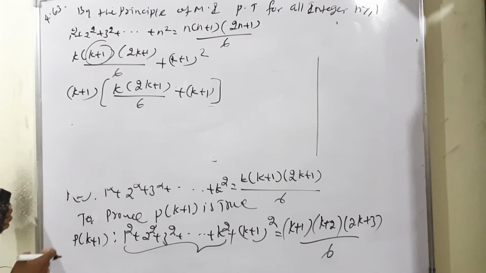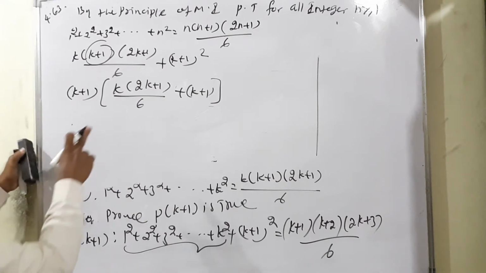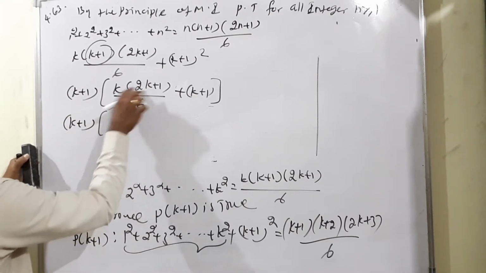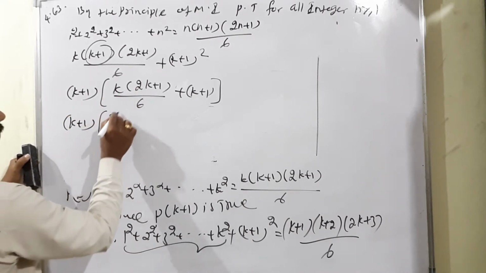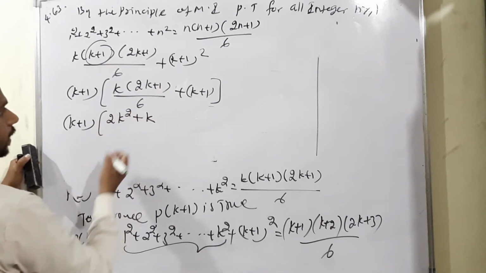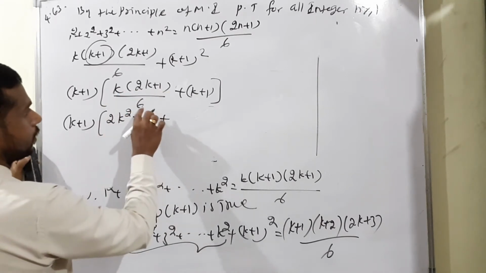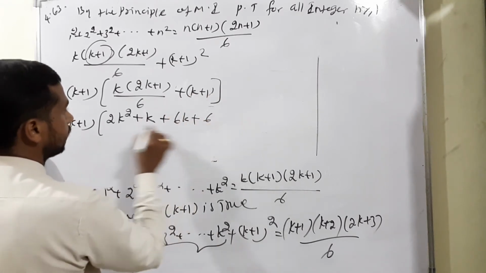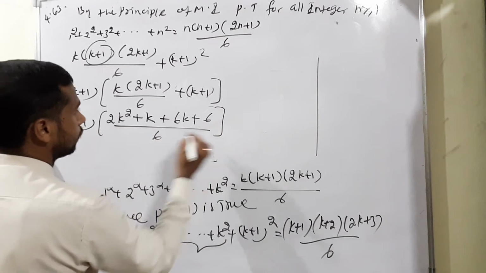So now cross multiply means k plus 1 into, remove the bracket, 2k into k we can write 2k square, then plus k into 1 means k, then plus cross multiply 6 into k, 6k plus 1 into 6, 6, whole term divided by 6.